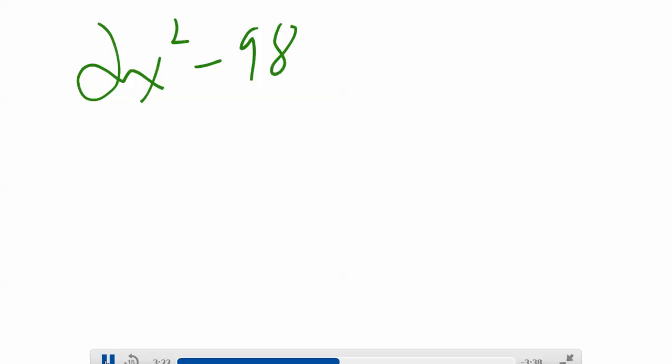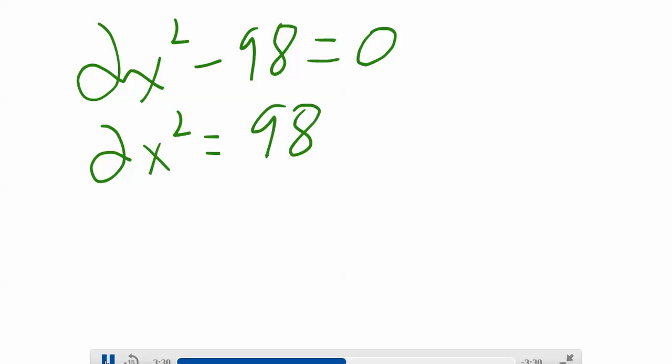Let's go to a little more sophisticated examples. What if I had something like 2x squared minus 98 equals 0? For that, the first thing I would do is add 98 to both sides. And then you could probably divide by 2. So now you have x squared is equal to, what's half of 98?